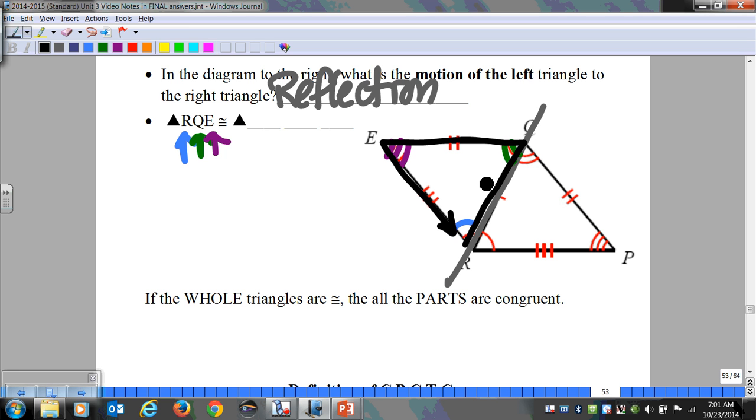We must follow that exact same order on the right-hand side. Single, double, triple. So your matching here is going to be triangle R, Q, P. Single, double, triple.